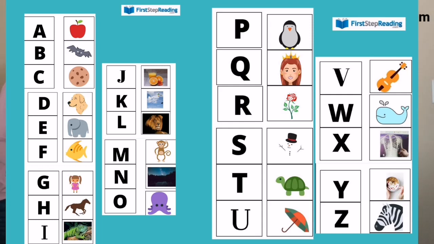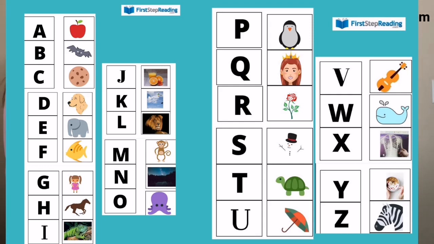The letters have sounds, have sounds, have sounds. Sing them now with me. The A says ah, ah, ah, ah, ah. The B says b, b, b, b, b. The C says k, k, k, k, k.